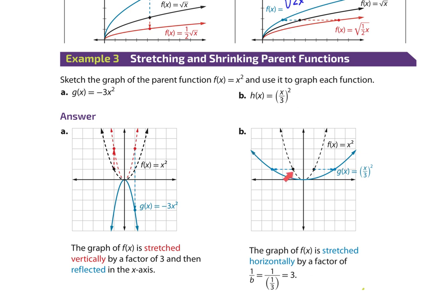Look at the difference between that and this one. All right, they wrote this x over 3. Another way to write that is 1/3 x squared. So 1/3 x squared is going to pull it away versus towards the origin. So for this one, I'm pulling away from the origin versus towards the origin.